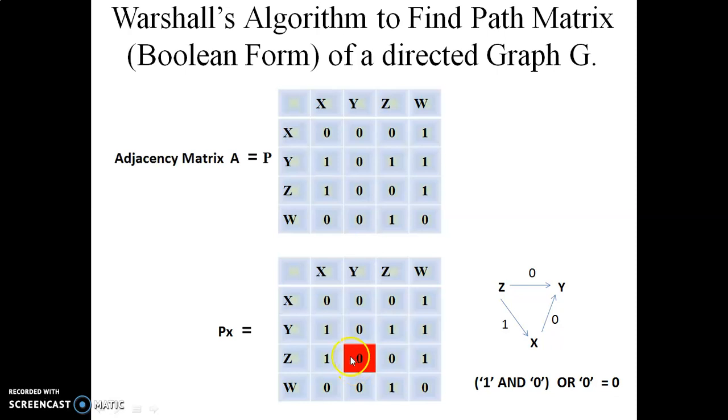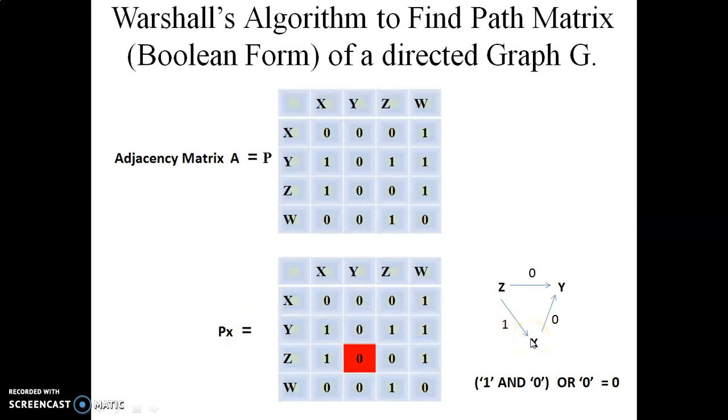For example, if I want to write the value of this particular index, that is from z to y, I need to write down the index value from the previous matrix. From z to y, what is the value? From z to y, the value is 0, so I write it as 0. And the intermediate node or vertex we have taken is x, so we write it here as x.